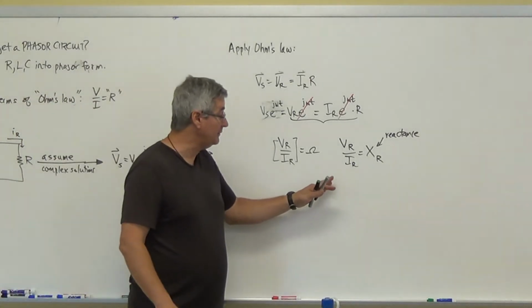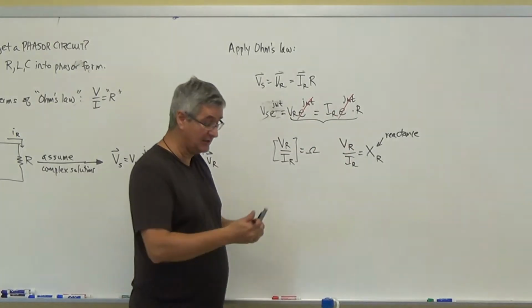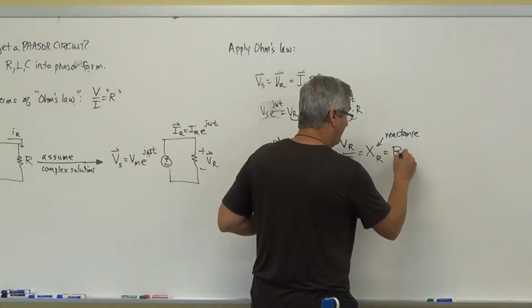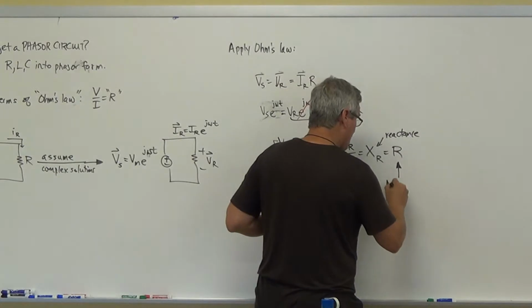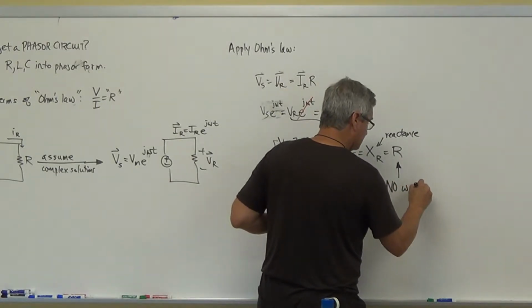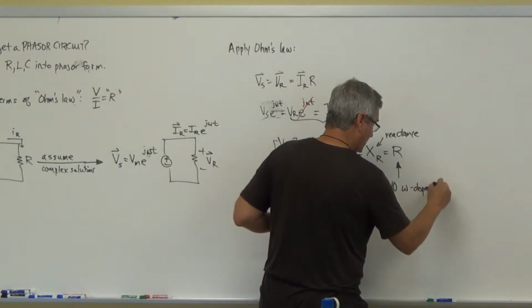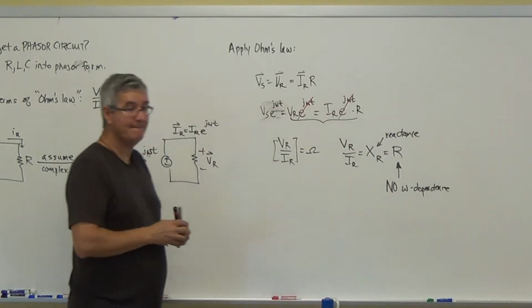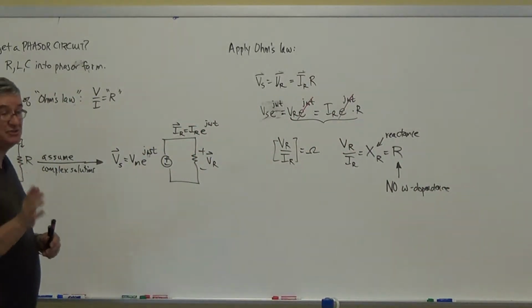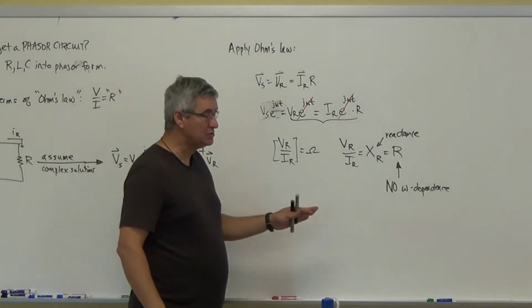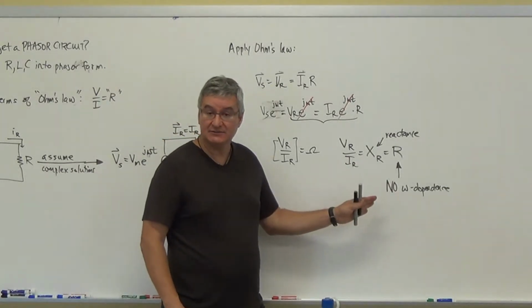And what this is telling me, when I look at this guy, and this guy is R, note that this has no omega dependence. Okay? And another thing that you don't see here is that there is no phase.